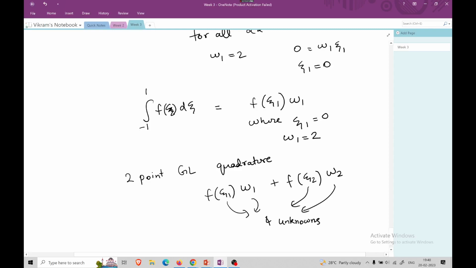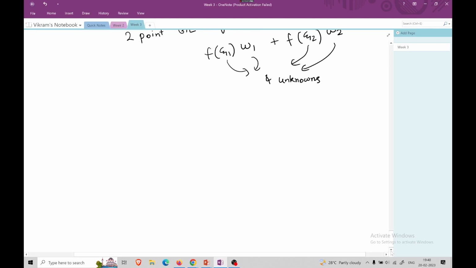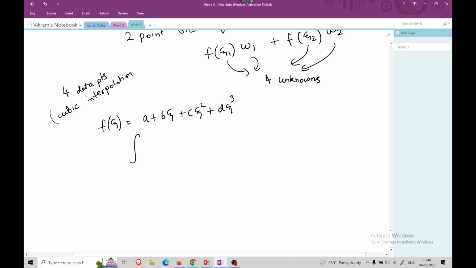So at best we can try to match 4 data points, which is possible for a cubic interpolation. Let f of eta be equal to a plus b eta plus c eta square plus d eta cube. I am going to integrate this from minus 1 to 1.